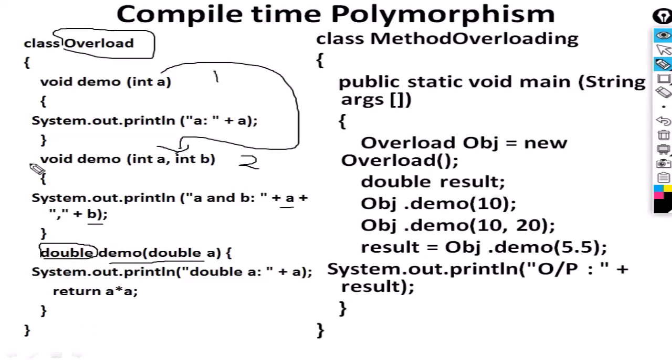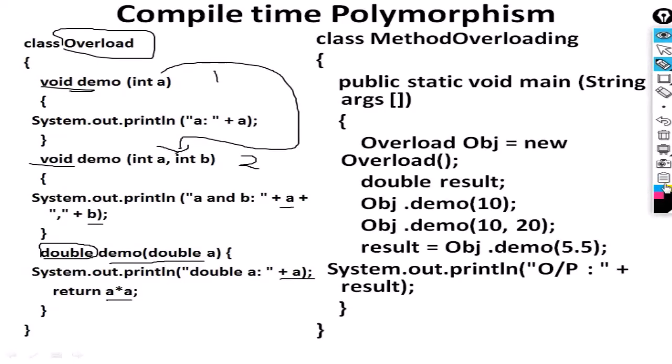Earlier we had void, and void does not have any return type. Now it needs to return a value, so it is going to print double a into a. It needs to return the value a into a, and that value should be returned to the particular program.